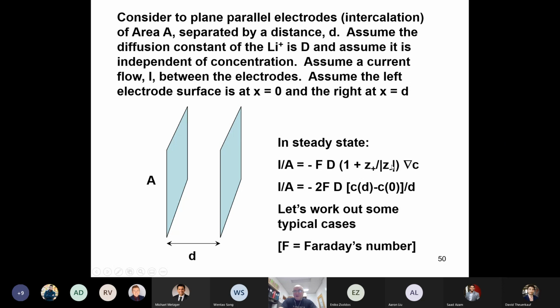For LiPF6, this fractional term is 1, times the gradient of the concentration.